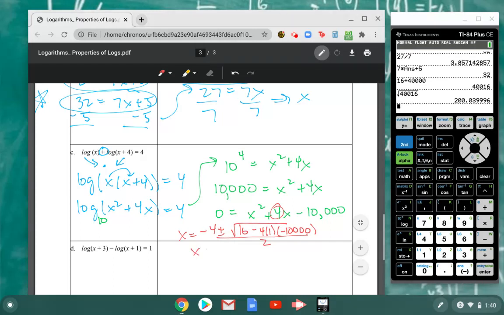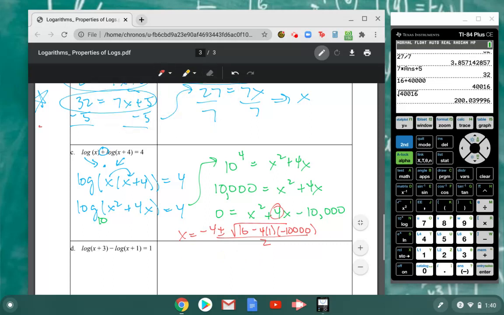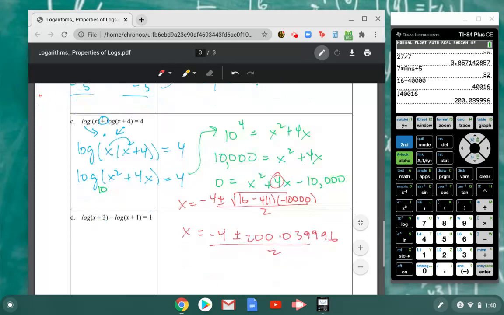So x is equal to negative 4 plus or minus 200.0. Let me rewrite that. Okay, let me rewrite it. Perfect. Okay, so x is equal to negative 4 plus or minus 200.039996, keeping a bunch of decimal places here until I'm ready to round.